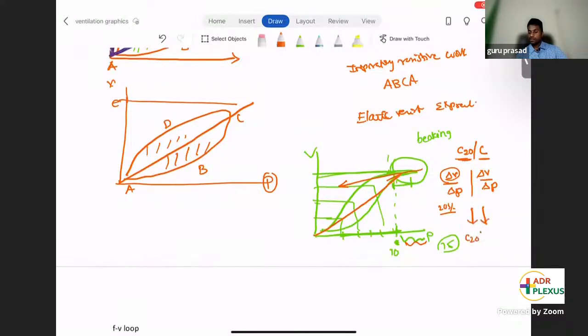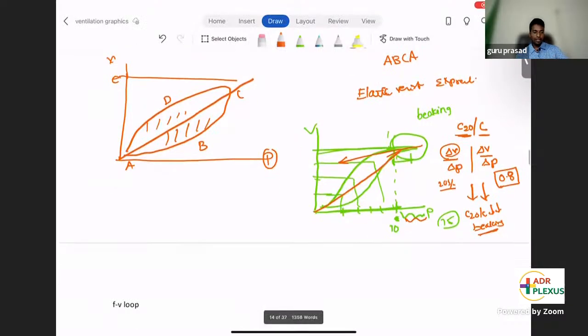Whenever the C20/C ratio is decreasing, it indicates overinflation of the lung, that you are giving very high PIP, or it indicates beaking. So a low C20/C will indicate beaking, and usually we take 0.8 as the cutoff. Less than 1 itself indicates that you are inadvertently giving high PIP, but if it is below 0.8, you will have to decrease your PIP immediately.